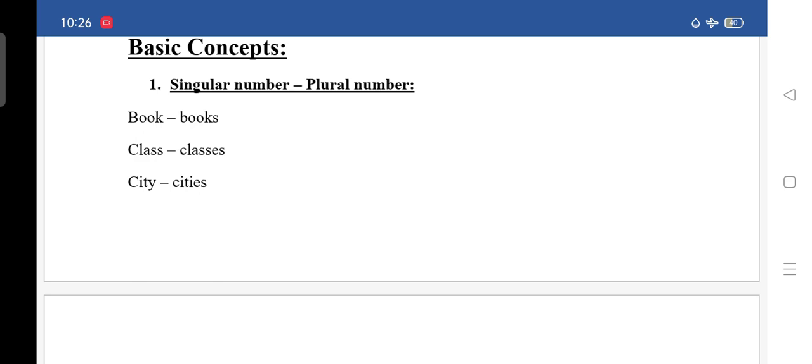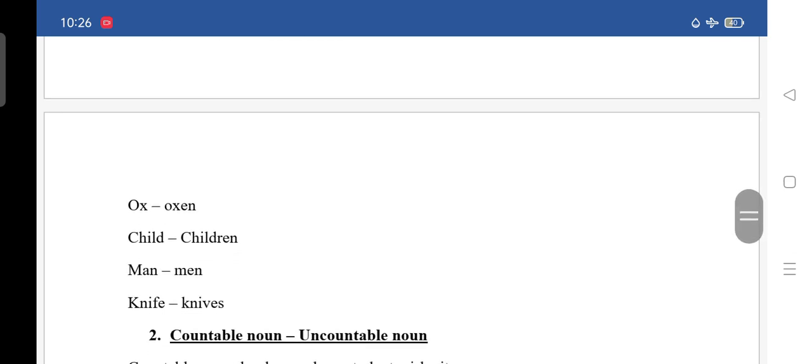City, cities. Ox, oxen. Child, children. Man, men. Knife, knives. So here these four words, ox, child, man, knife, they change when they come to plural. In singular it is ox, plural oxen.